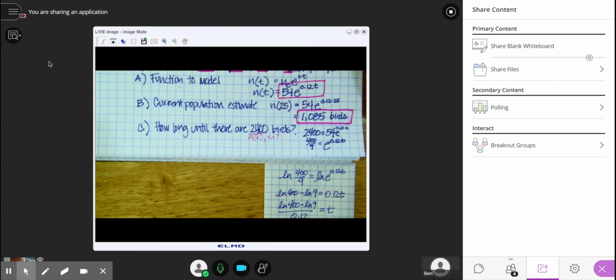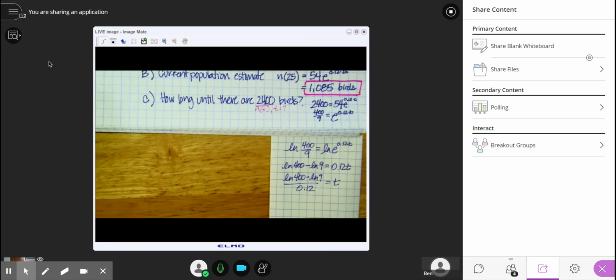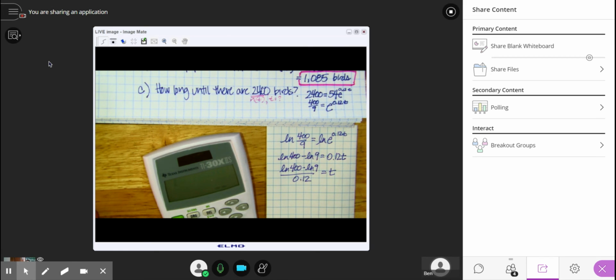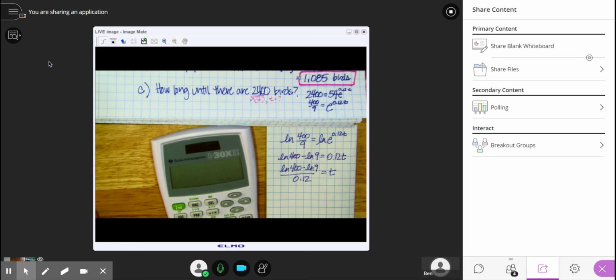So I'm going to have ln 400 minus ln 9 over 0.12, which is an exact answer, but it's not helpful if I actually need to know how many hours or years or whatever. So I'm going to have to type this in: ln 400 minus ln 9, then divide that by 0.12. And that will be years.